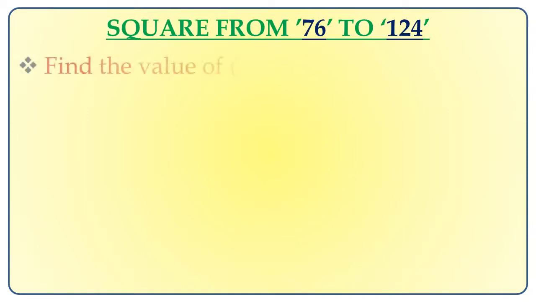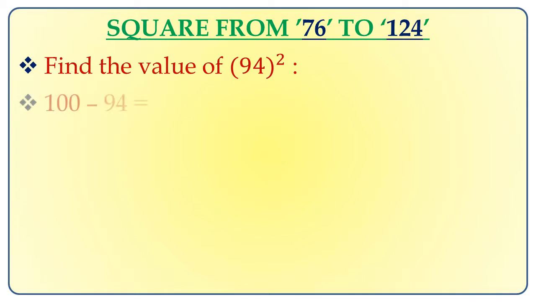of this particular range. In this case, we took the number 94. Now 94 is less than 100. As I have told you, if a number is less than 100, we take the difference in negative. So 100 minus 94 is minus 6. And minus 6 square is 36.